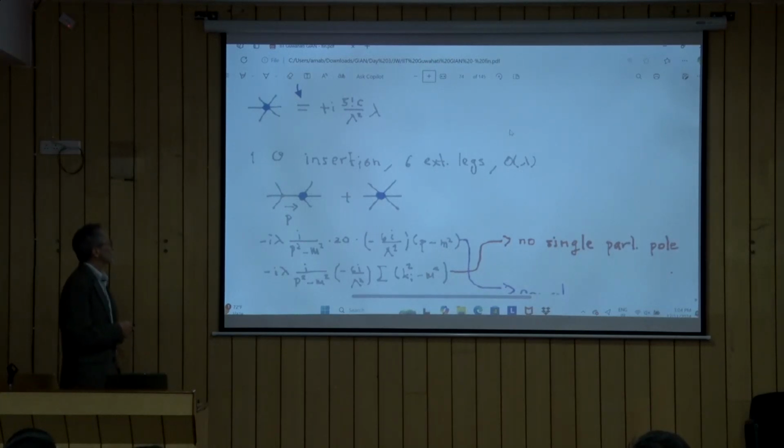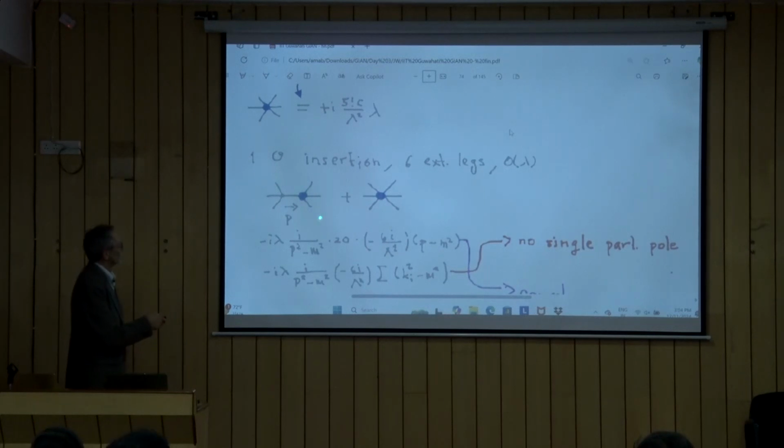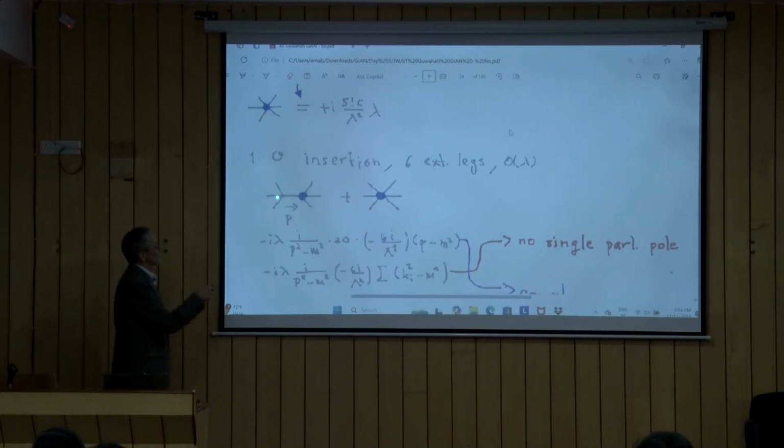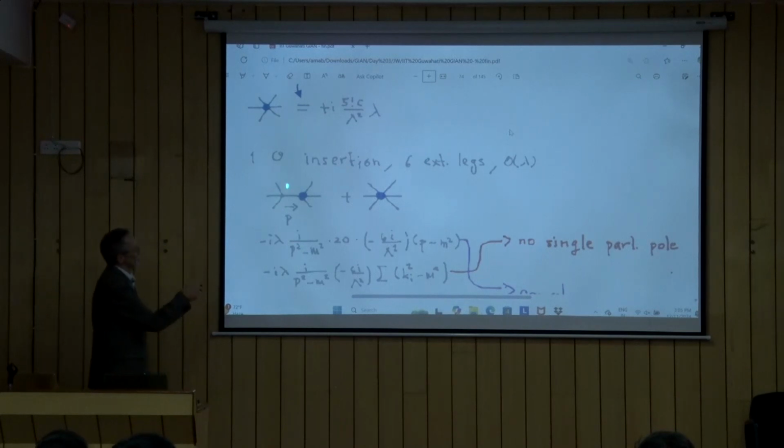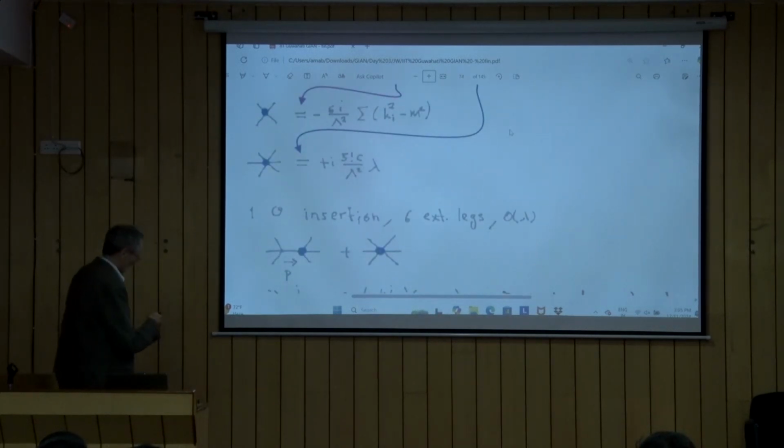Sample diagrams are this guy that comes from here, and a guy that looks like this, with all possible combinations of where the legs go. I didn't write down all these things. This vertex here is the vertex in the original renormalizable Lagrangian. This vertex here in blue is the horrible thing that I showed you before with the momenta and the factor of 6 and all those things.